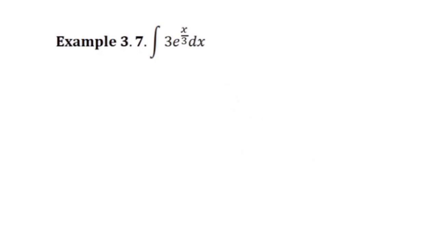Example 3.7, we have the integral of 3 multiplied by e raised to x over 3 dx. So, first thing na gagawin natin is to rewrite the equation. Since from our property number 2, pwede natin ilabas yung constant. So, we have 3 integral of e raised to x over 3 dx.